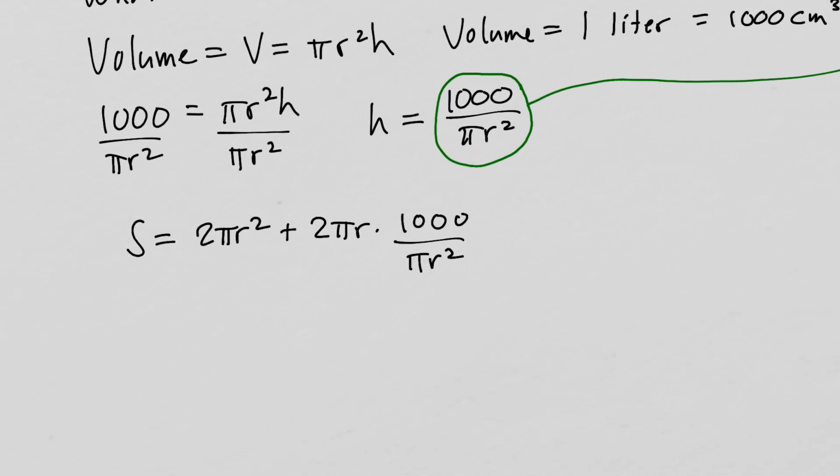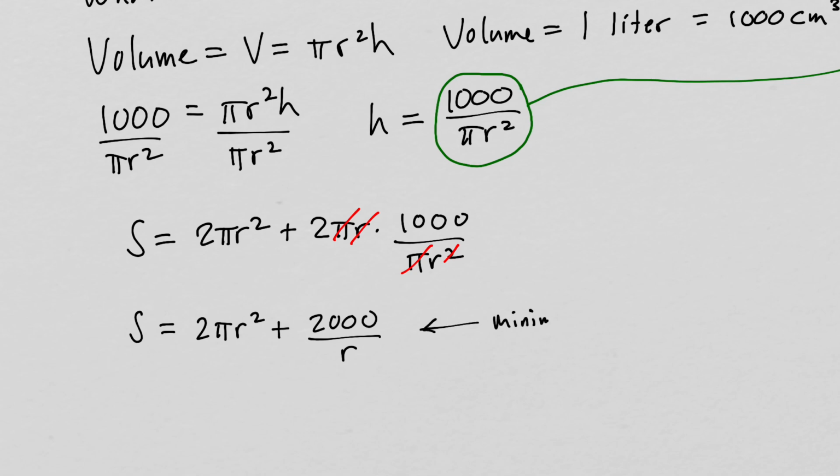And now I'm just going to simplify this as much as possible here. So pi cancels out. This r cancels out one of these r's, and our surface area becomes 2 pi r squared plus 2 times 1,000 is 2,000 divided by r. And this is now the function that I wish to minimize.